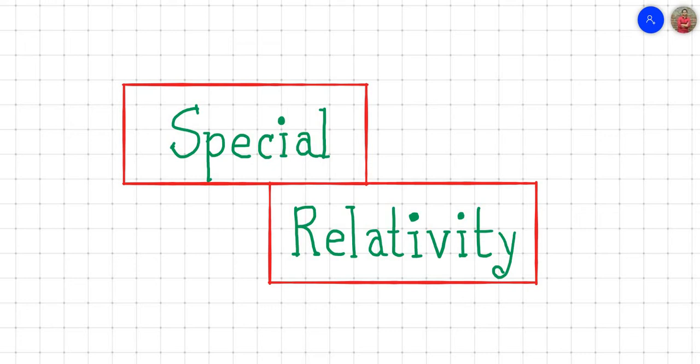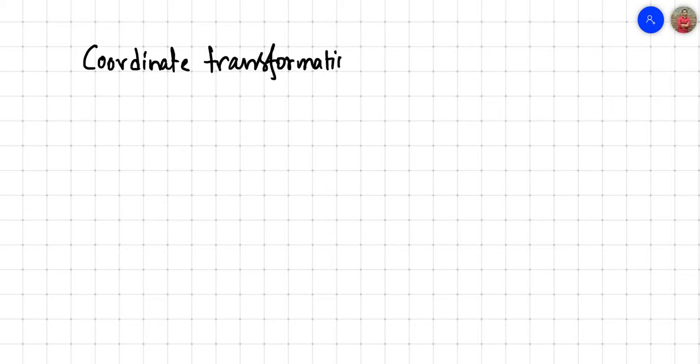So let's start. Imagine that we have a coordinate transformation that does not involve stretching. That means we can only either rotate the coordinate axes, or we have the option of inverting the coordinate.